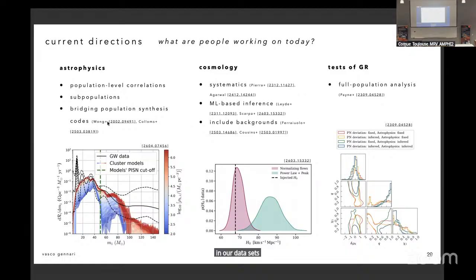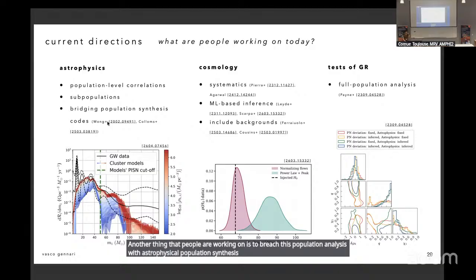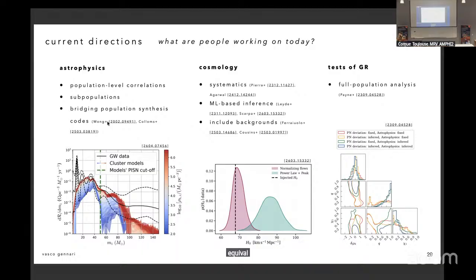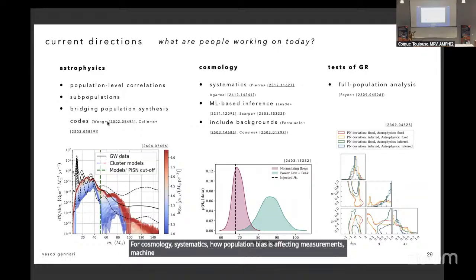Another thing that people are working on is to bridge this population analysis with astrophysical population synthesis codes, the equivalent of the theory for the underlying astrophysical processes. For cosmology, it's systematics, how population biases affect the measurements, machine learning-based inference, the inclusion of backgrounds, for example.